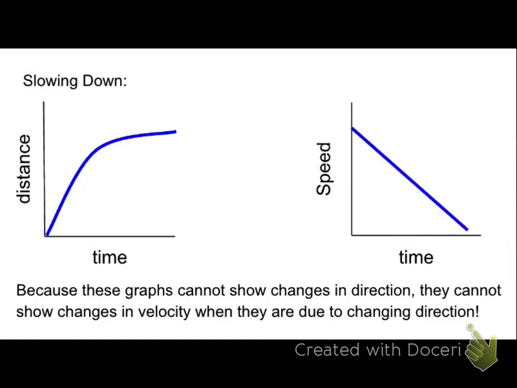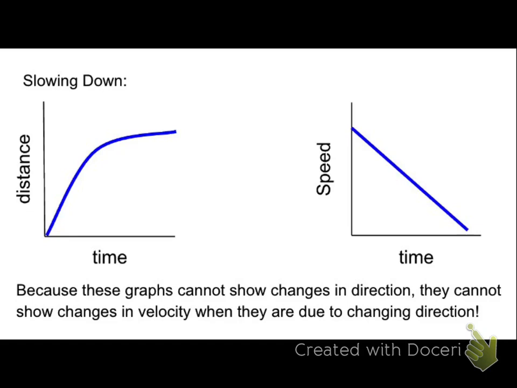On a distance time graph, what did a downward sloping line mean? It meant you turned around and went back in the direction you came. All right? Because they were showing distance, they could show direction just a little bit, forward and backwards. On a speed time graph, we're only showing speed and time.